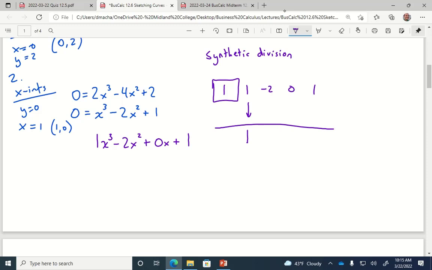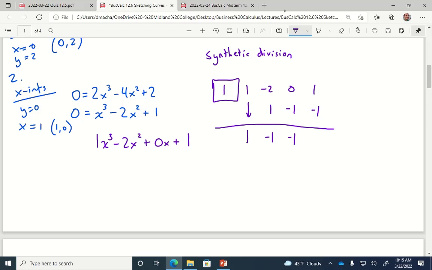Then I say 1 times what I have in the box is equal to 1. So 1 times 1 is 1. Then I say -2 plus 1 is -1. And then I have -1 times 1 is -1. 0 plus -1 is -1. -1 times 1 is -1.